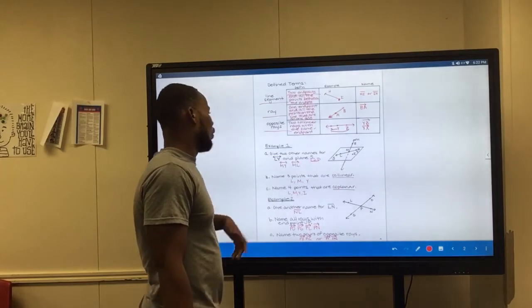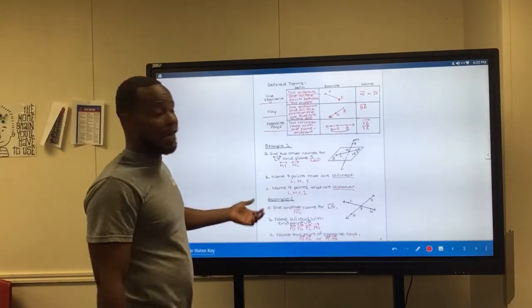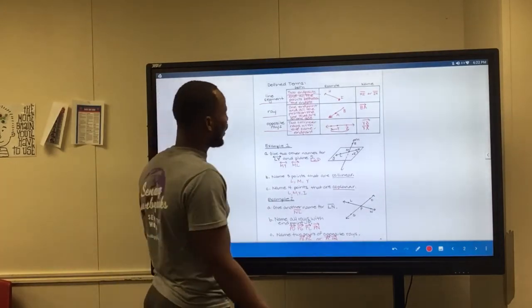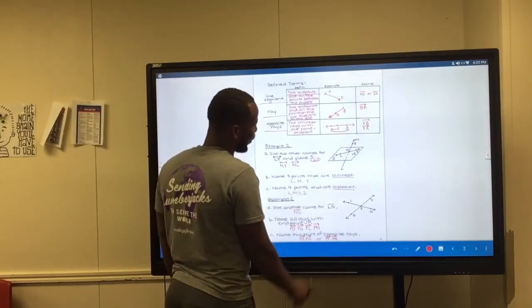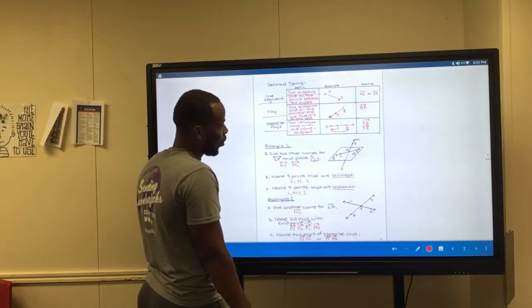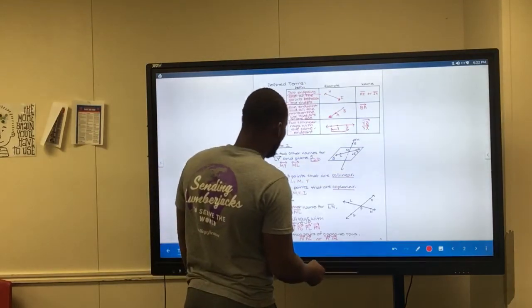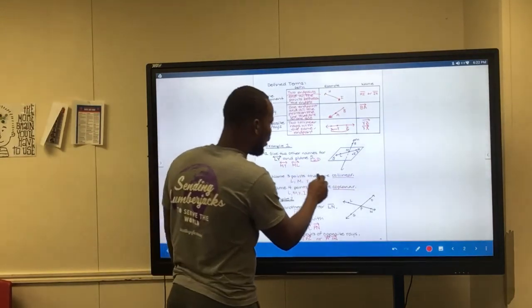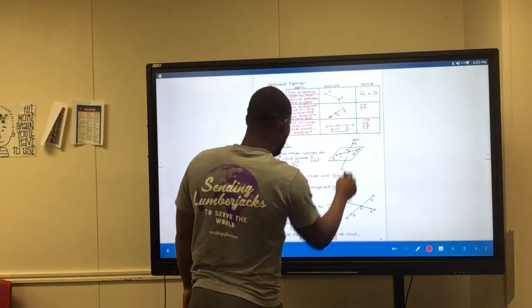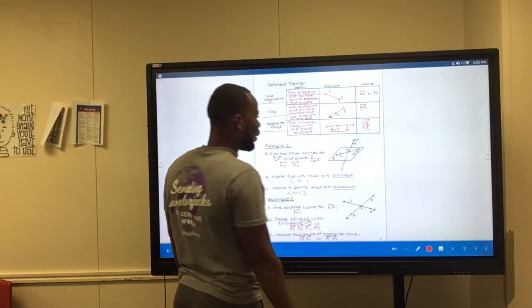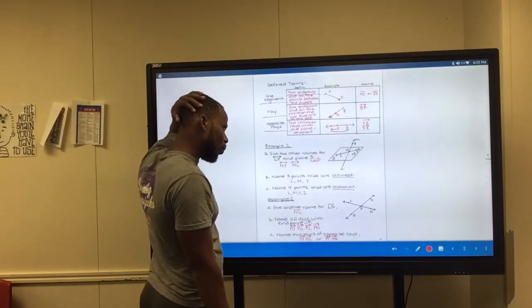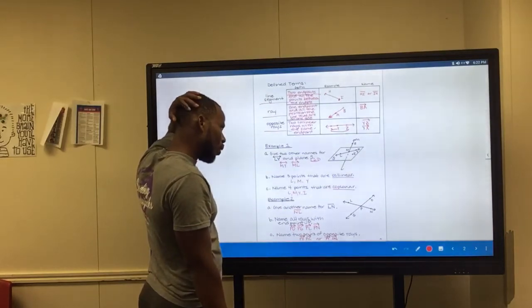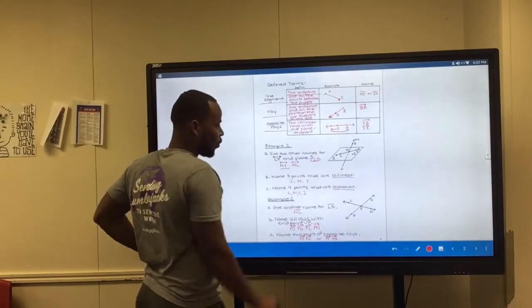So these are examples. Give two other names for line L, Y, and plane X. We want to give two other names for line LY. We can say that that line is ML.